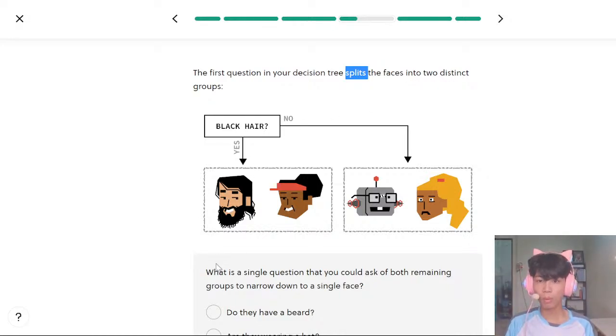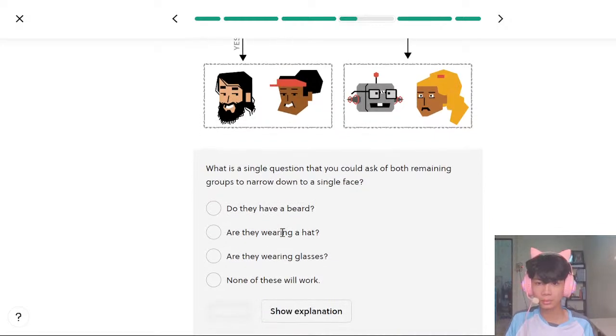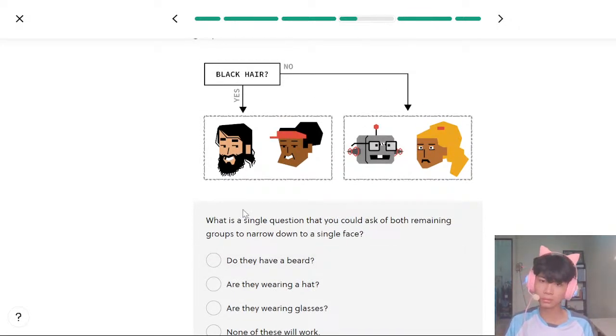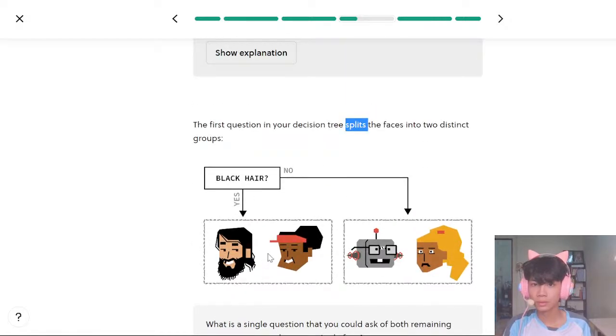What is a single question that you could ask of both remaining groups to narrow down to a single face? Do they have a beard?